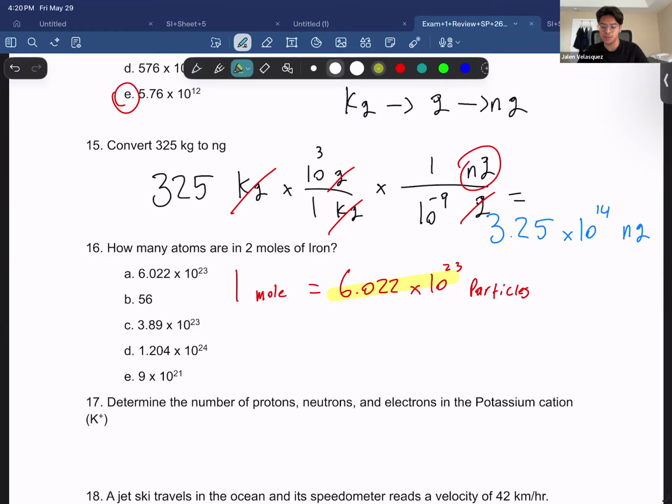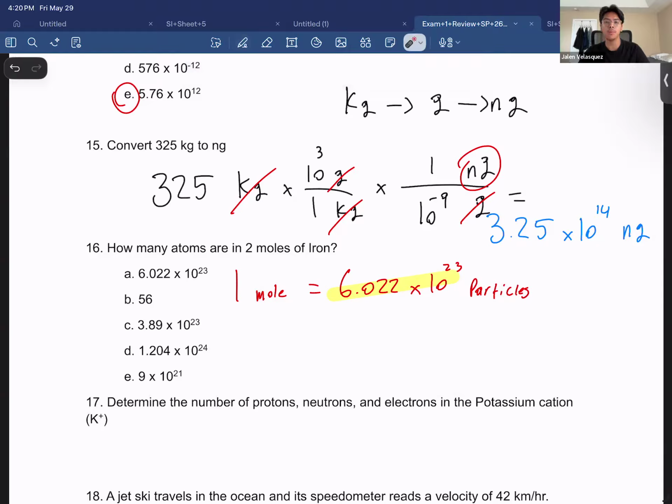If I have 1 mole of chemistry students, I have 6.022 times 10 to the 23 students. To the power of positive 23, this is obviously a ginormous number. But if we're talking about atoms and ions and molecules, those are so tiny, so we have to use large numbers to represent that.